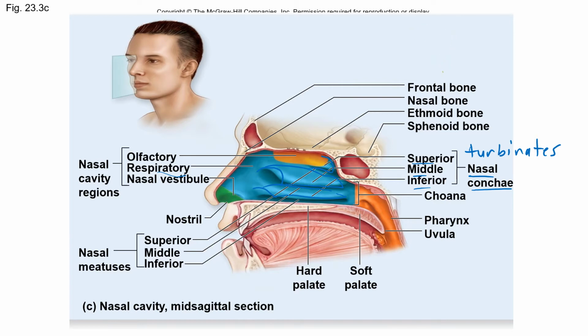Okay. Finally, there is an area here, an entrance portion of the nose called the nasal vestibule.